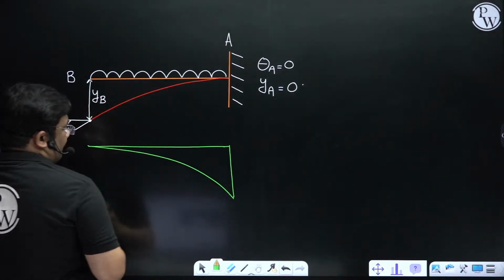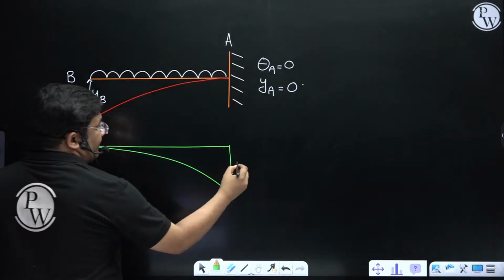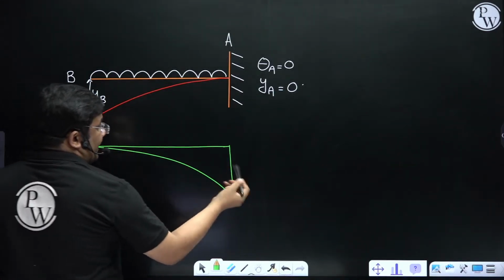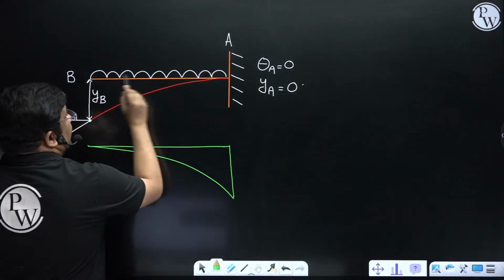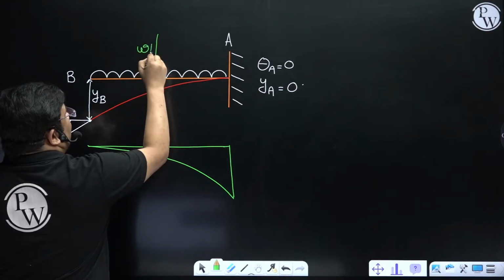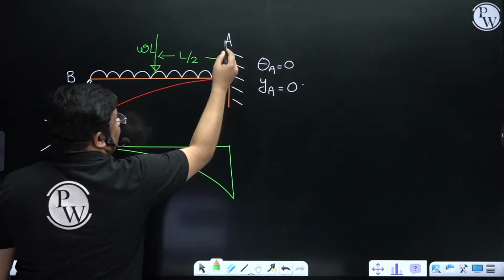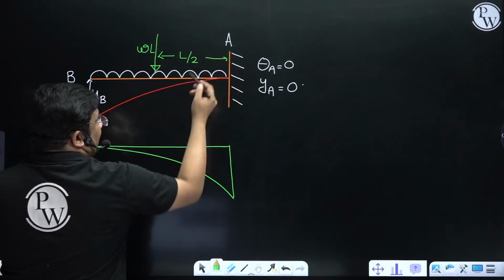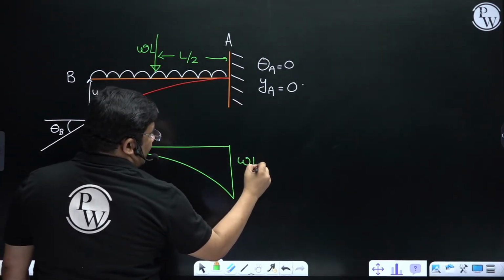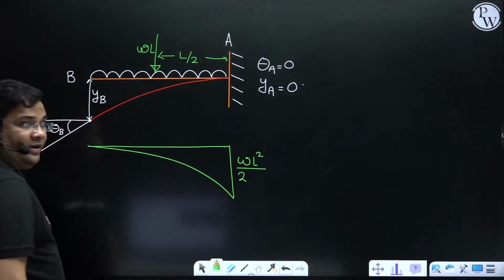It is parabolic like this. And what is the value here? How to find out the bending moment at the fixed end? Very easy. The total load will be W into L, acting at L by 2. So if I find the moment about this point, WL into L by 2, it will be WL square by 2. This is the bending moment at the fixed end.